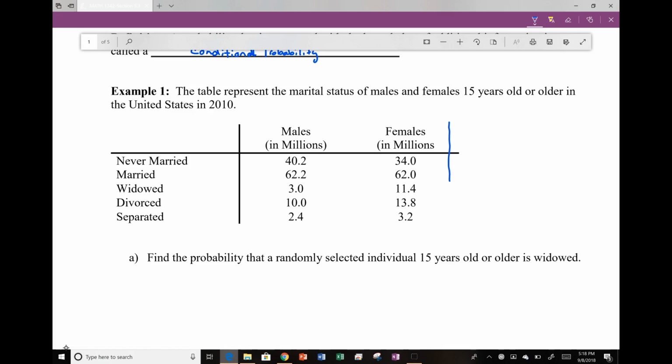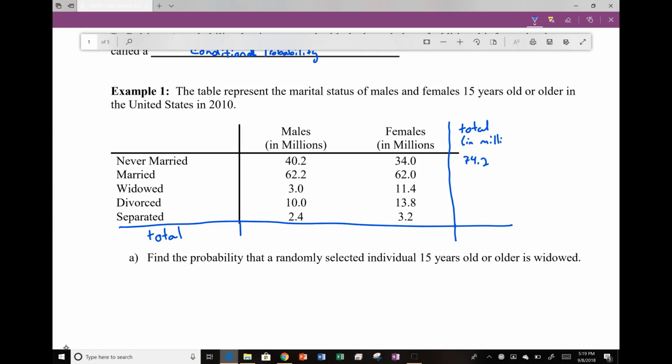And so when we have a contingency table, remember that we have to find the total of each type of male, female, married, never married, and then we have to find our very total of how many people we are talking about. So never married, there are 74.2 million, because we're talking about millions here, people that have never been married.